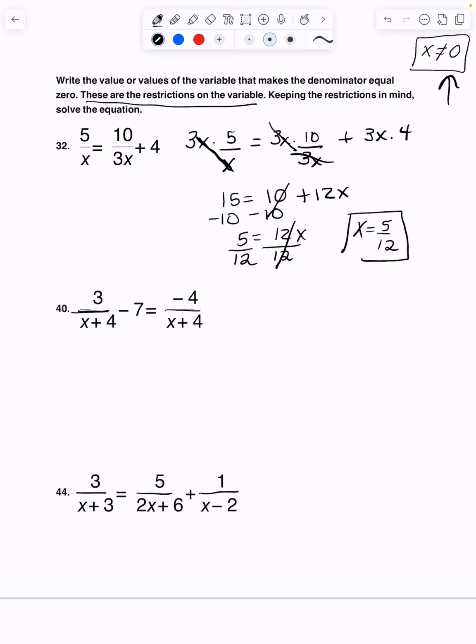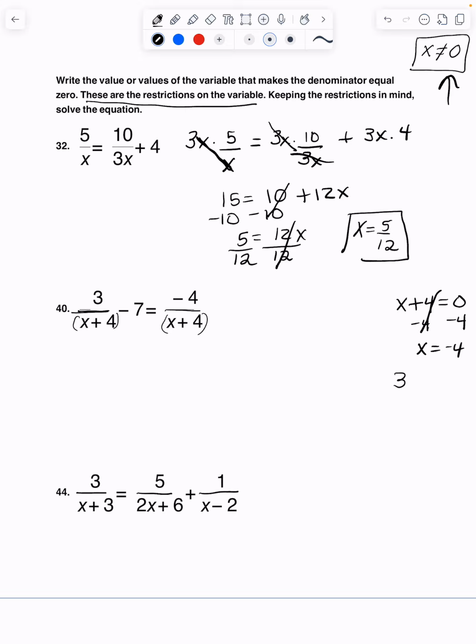This time, I've got a denominator of x plus 4. This is an expression. If you want to, you can put parentheses around that. So I have one denominator, that is x plus 4. So let's look at the restriction on the variable. What would make x plus 4 equal 0? Well, if I subtracted 4 from both sides, if x was negative 4, then my denominator would be 0.